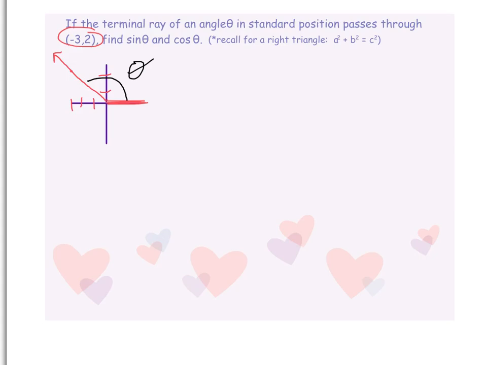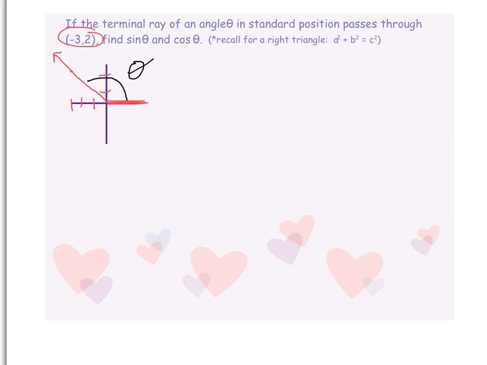Now this is a little bit different, and this is why I wanted to get back to right triangles to think about sine and cosine, because this is the idea of the functions: at any angle we can evaluate its sine and cosine function. Now this angle is bigger than 90 degrees, so it could not show up in a right triangle, but it still has a sine and a cosine value, and we want to find them.